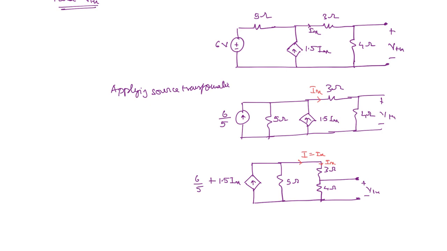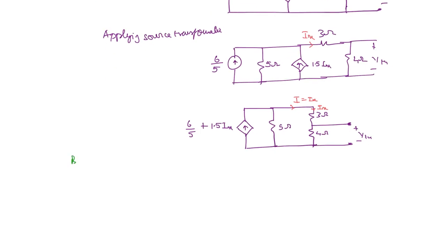So by means of current division, Ix is equal to the total current 6 by 5 plus 1.5 Ix times, since there are only two resistors in parallel, you can either write reciprocal by sum of reciprocals, or because there are only two resistors, you can write the opposite side branch resistor divided by sum of resistors.